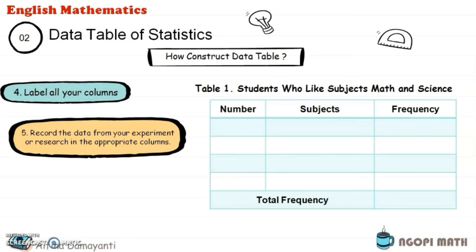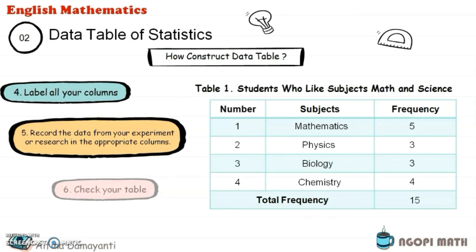Fifth, record the data from your experiment or research in the appropriate columns. And then check your table. Look over your work to make sure everything is correct and clear.